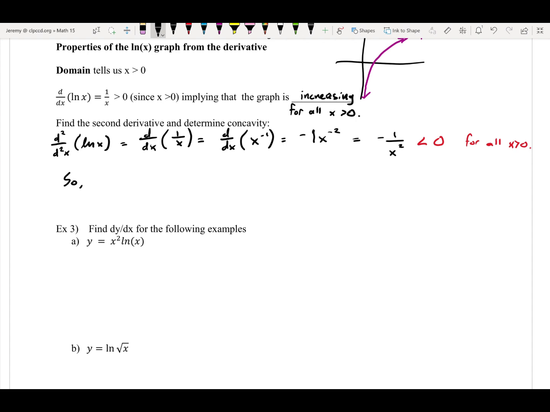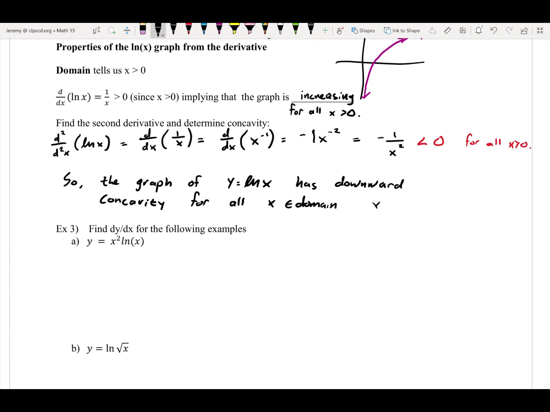So I'll say, the graph of y equals natural log x has downward concavity for all x in the domain, right?